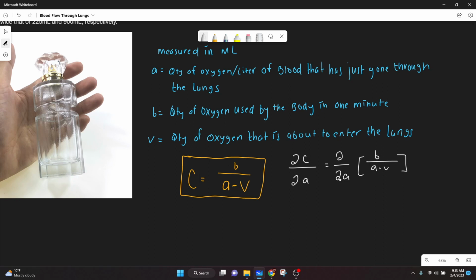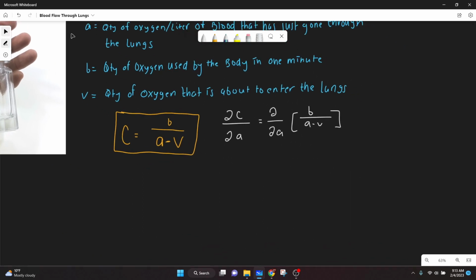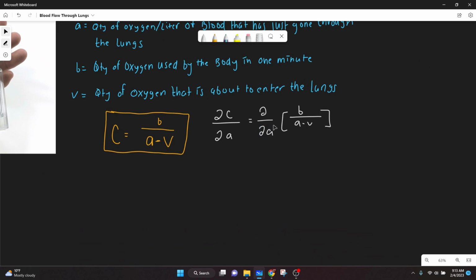We can rewrite this so that it's a little bit clearer. This can be rewritten as B times A minus V to the negative 1 power.